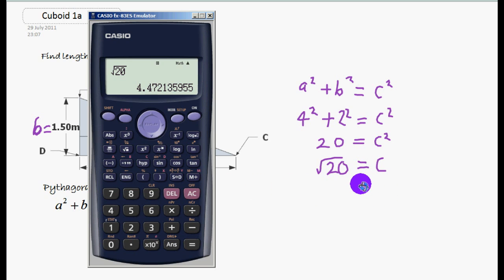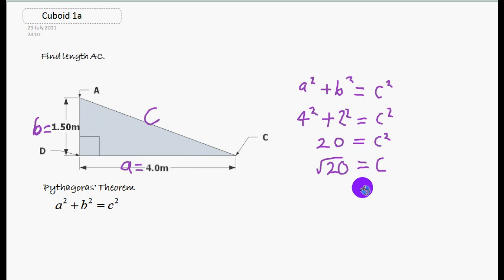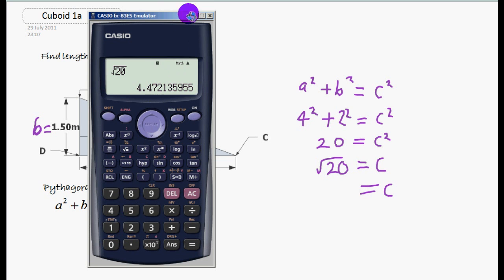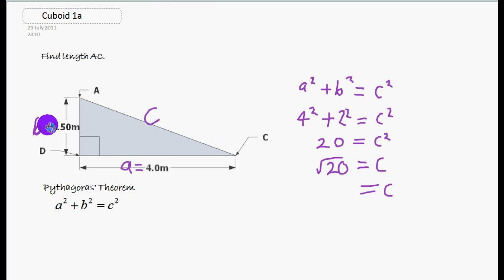So c will equal 4.472, and we're just going to leave it at 4.47 to 3 SF. Okay, so that's the first part of our question.